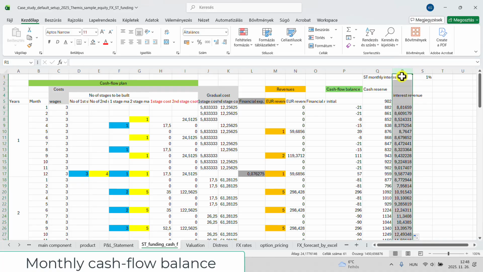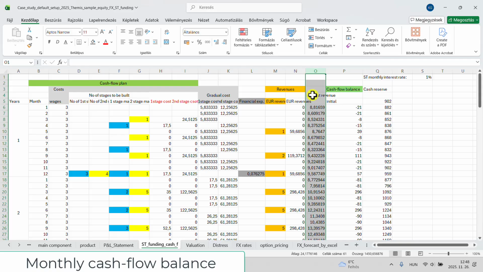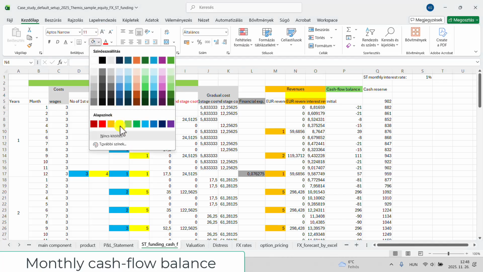It would be much better if it were relocated here, because this is where all the other revenues are located. So now we can see that there are two kinds of revenues.